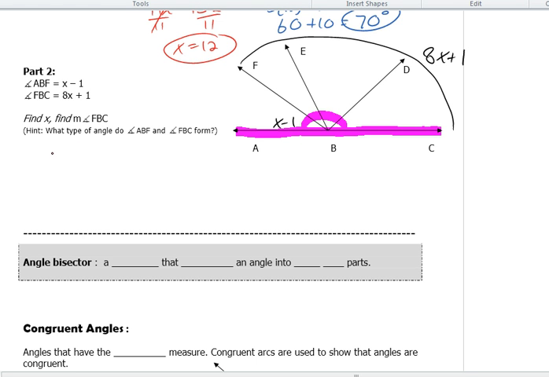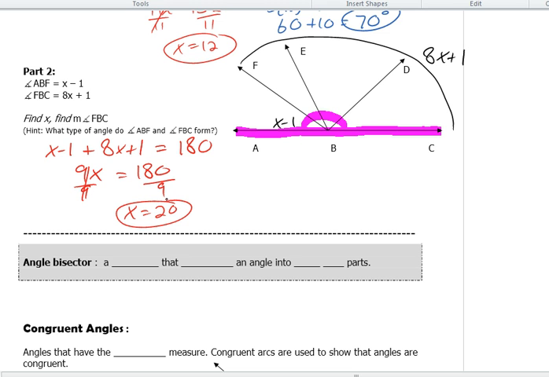So we're going to say x minus 1, there's one little angle, plus 8x plus 1, there's my other little angle, equals the big angle, 180. So combine like terms, negative 1, positive 1 cancel, 9x equals 180. Divided by 9, x equals, you can do this without your calculator, don't look at the 0 here, make it 18 divided by 9 is 2, then add on the 0, x is 20.